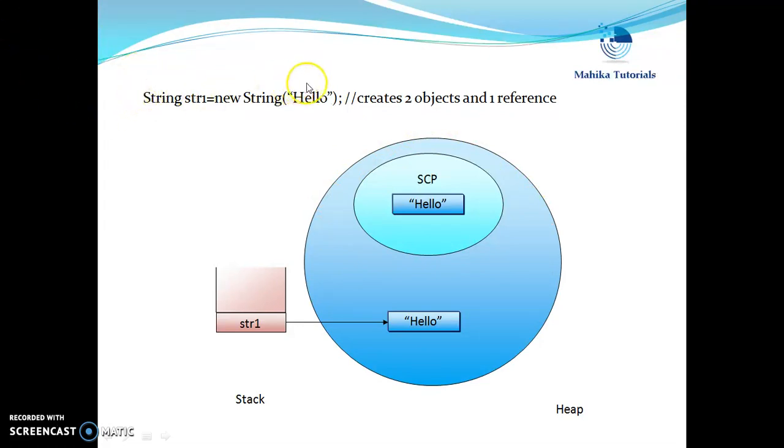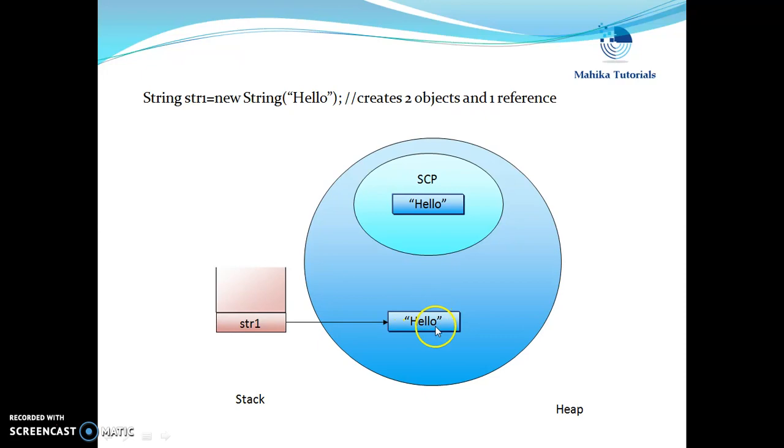Now suppose this is the string which we have created, str1, using the new operator. Now this will lead to the creation of two objects and one reference. Let us see how this will happen. Whenever we use the new operator for creating a string object, one object will be created for sure, and that too in the non-SCP area, that is in the non-pool area which is within the heap. Now here in our case the str1 reference variable will be created in stack, and this will refer to the hello object which is created in the non-pool area.